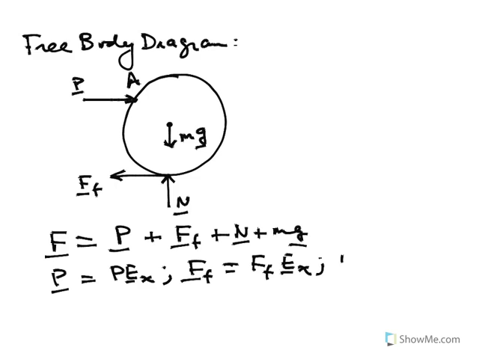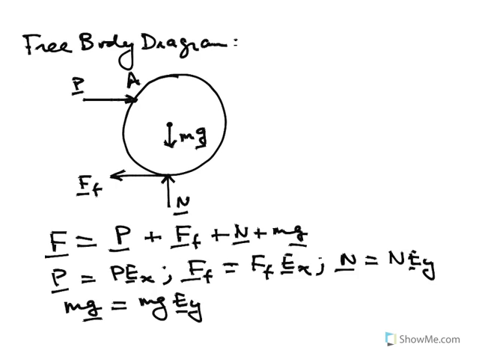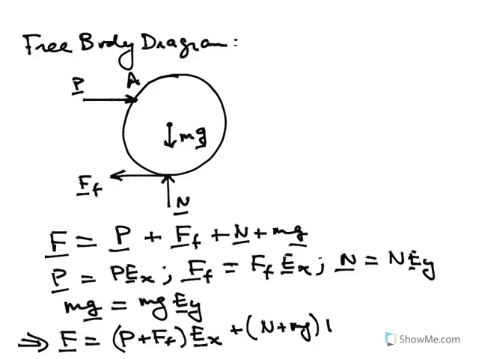N is in the ey direction, and mg is in the ey direction, because I put ey down in this case. So if I add all these up and put all the components together, I've got P plus F sub F times ex, plus N plus mg times ey, and that has to equal m x double dot ex.